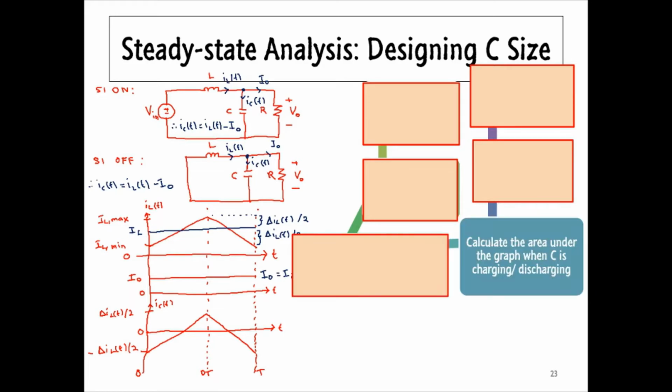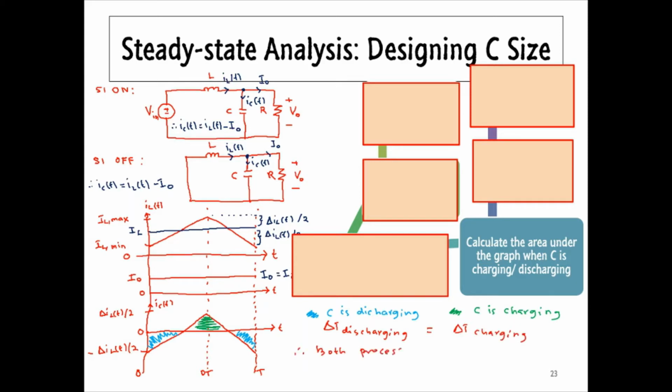Next, we will calculate the area under the graph. According to the capacitor current waveform, the negative blue areas represent the change of charge when the capacitor is discharging, and the positive green area is referring to the change of charge when the capacitor is charging.